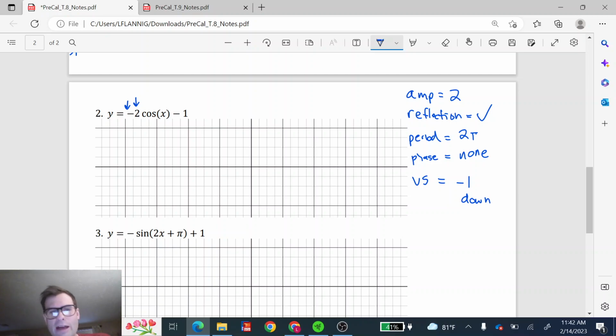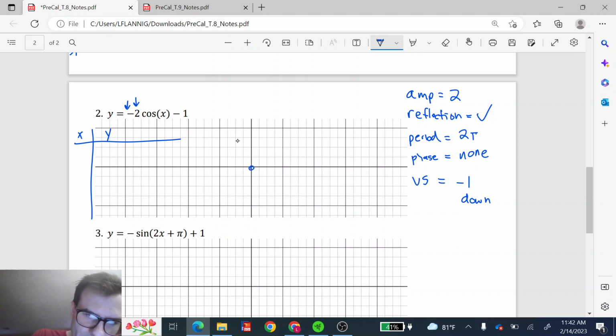All right, let's just try to graph it. We're going to do the exact same thing as we did before, where we have x's and y's, and we're going to figure out what they are going to be. So we're always going to start with 0 and count 1, 2, 3, 4 over, and that's the end of the period, which is 2 pi right here.